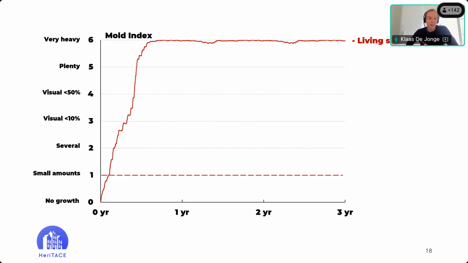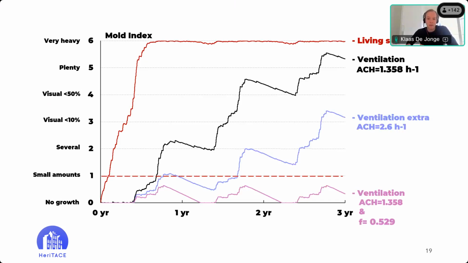But actually, based on our models, we just tried increasing ventilation, so adding the normal one, adding even more ventilation. The air change of 2.6 is basically calculated as being 40 cubic meters per hour per person. So it's a higher standard, but not necessarily that high.